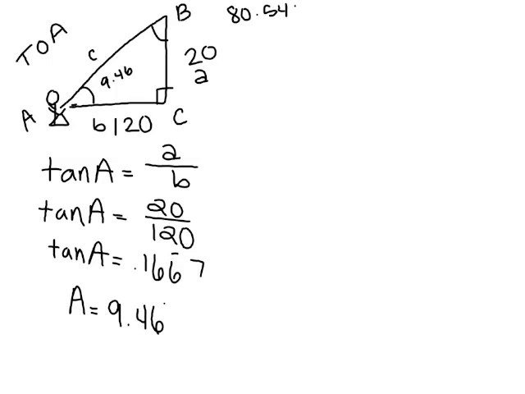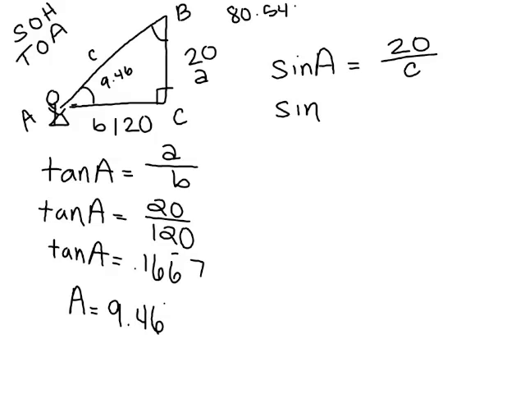Eddie, you walk us through the way you do it. Okay, sine for angle A. What's our formula for sine? Sine equals opposite over hypotenuse. The opposite of angle A is the little a side over the hypotenuse. I know my angle A is 9.46, so sine of 9.46 equals 20 over my hypotenuse length.